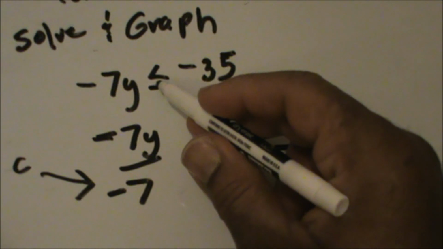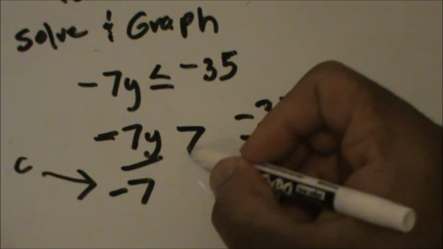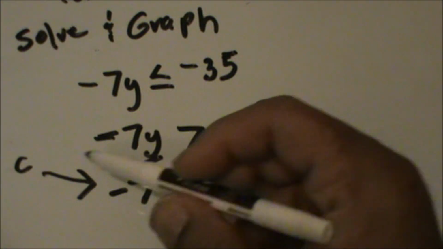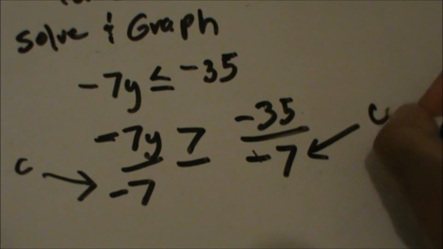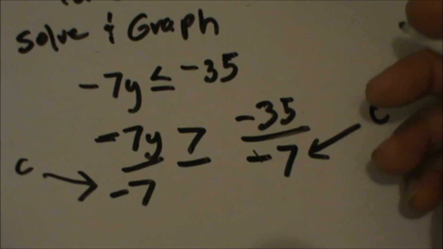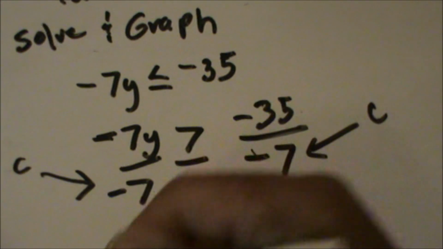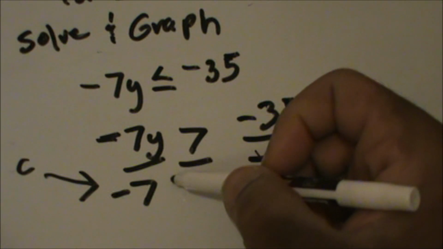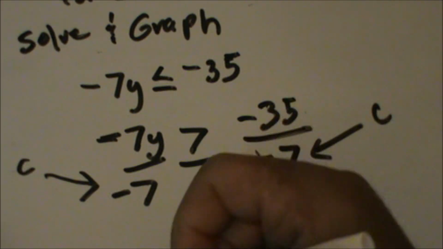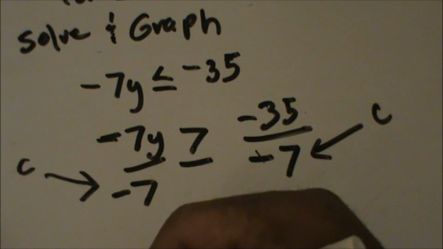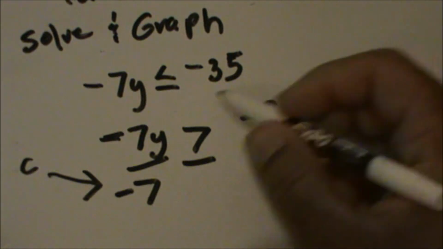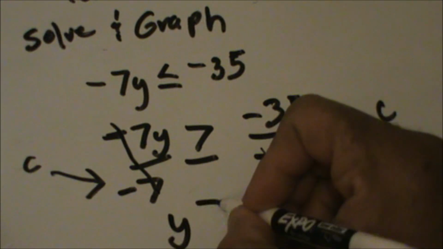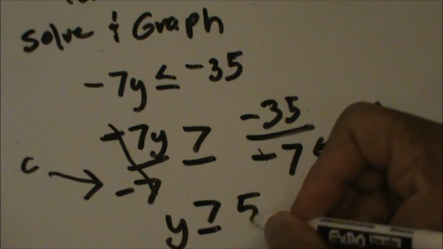It will change from less than or equal to, to greater than or equal to, because we're dividing both sides by a C value that is less than 0. That's what we're looking for. Then the inequality signs will change. That's all you have to check. So once the inequality sign changes, this cancels. Y is greater than or equal to 5.